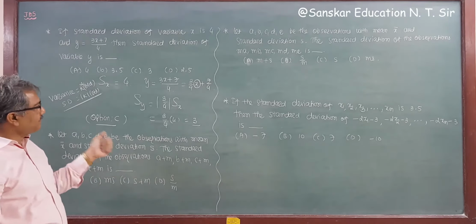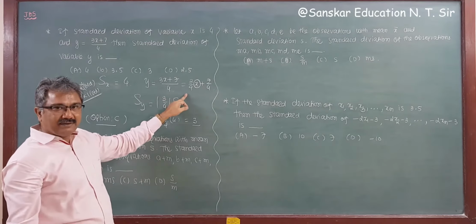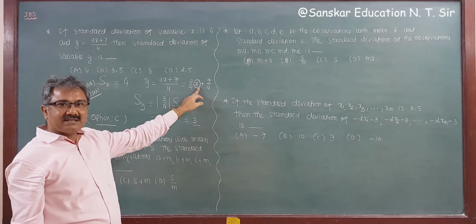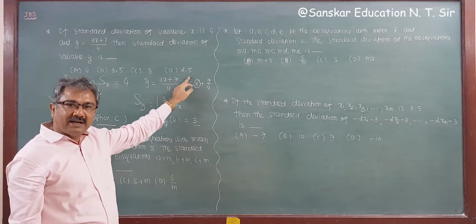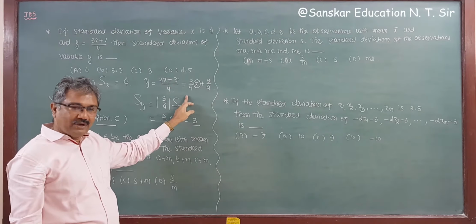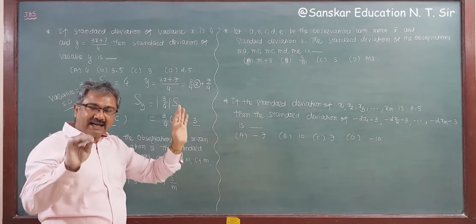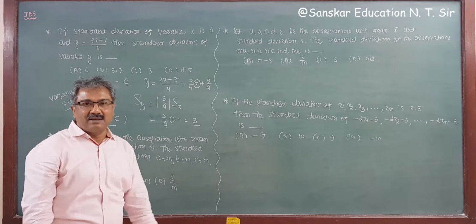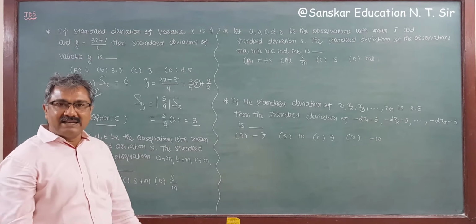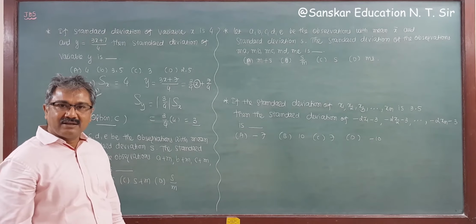Got it? Here what is given? Observations are multiplied by 3 by 4 and 7 by 4 is added. But you know, adding anything to observations never affects standard deviation or variance.